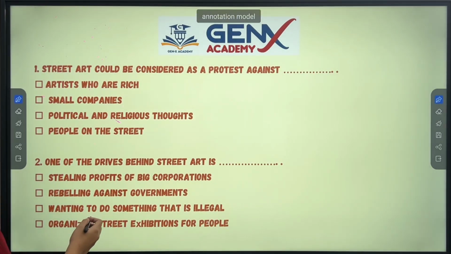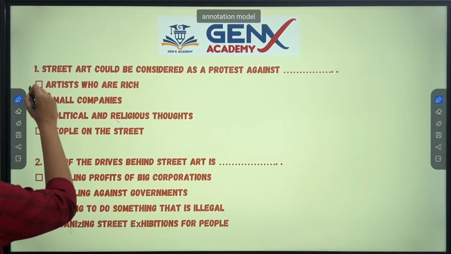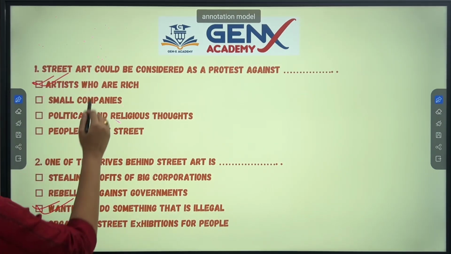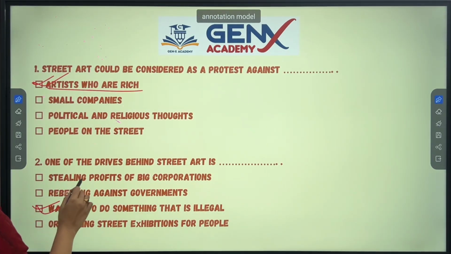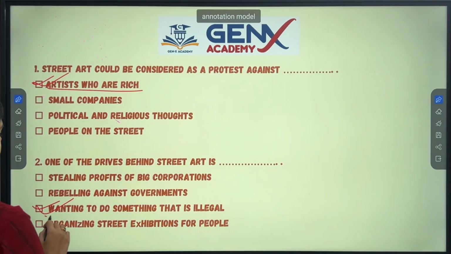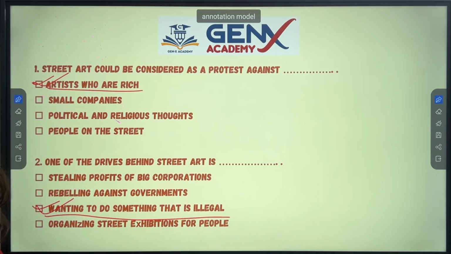So the answer here is wanting to do something that is illegal in nature. Option C. So the first was artists who are rich. So street art could be considered as a protest against artists who are rich. And one of the drives behind street art is wanting to do something illegal. So I hope everyone got the correct answer too.